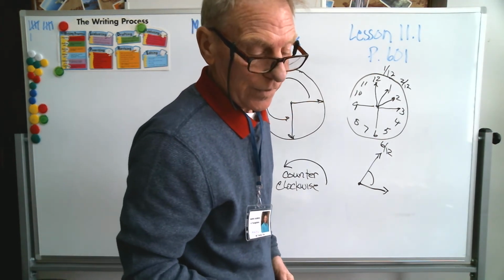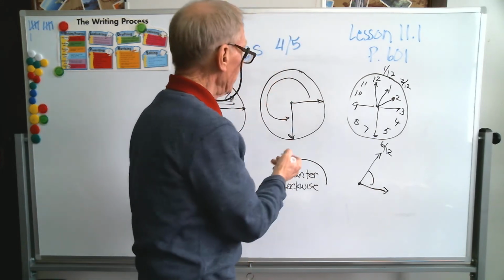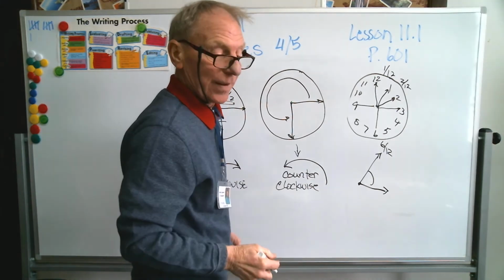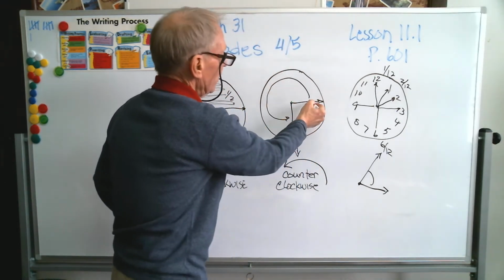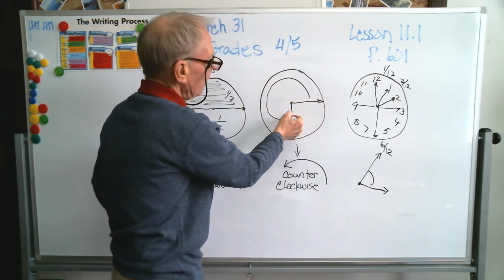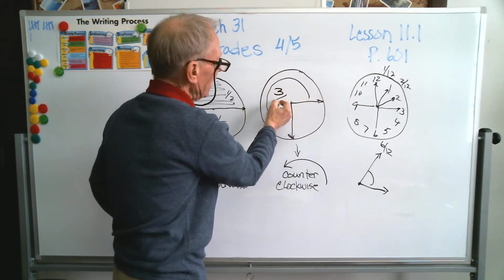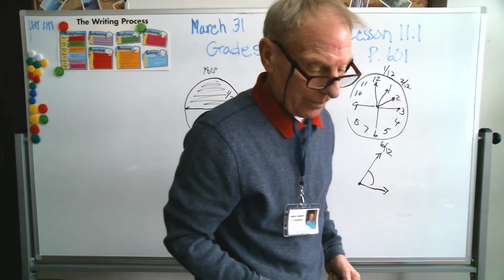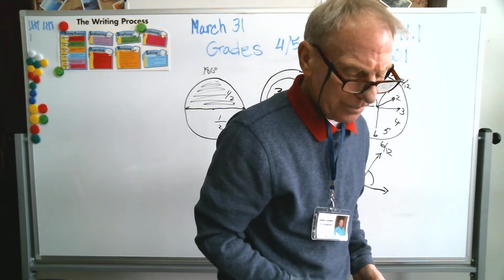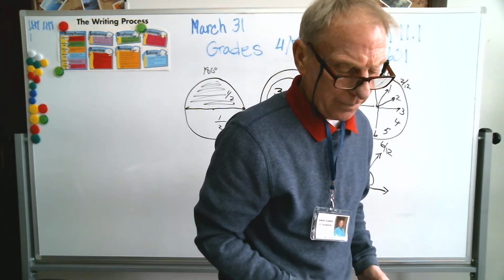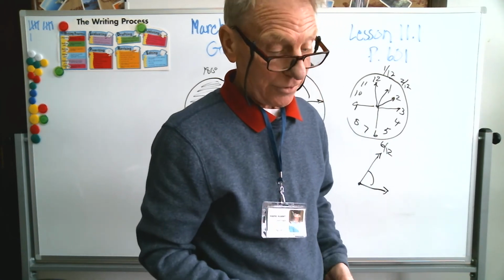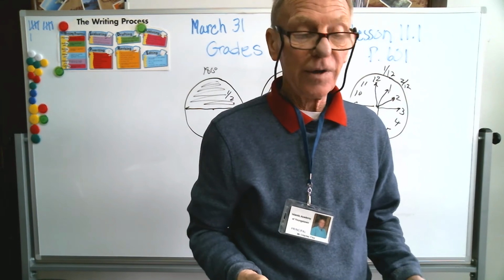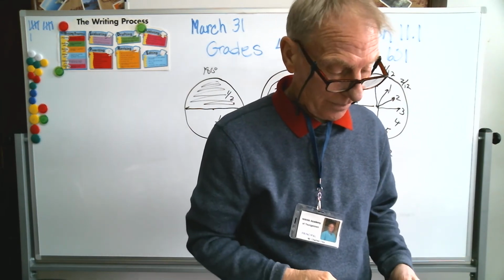So the first thing that you observe about this is it's counterclockwise. The second thing is from here to here is 3/4 of that circle. That's the answer to the question. That it's a 3/4 turn counterclockwise.